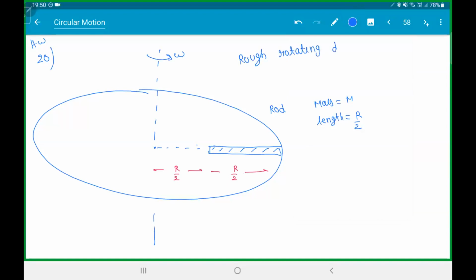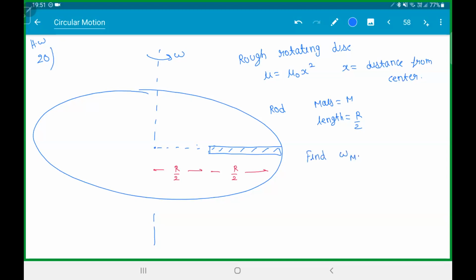It's a rough rotating disk where the coefficient of friction mu is equal to mu naught into x square. Friction is not constant, where x is the distance from the center. So as you go out, it becomes very rough. At the center, friction is 0. As you go radially outside, friction becomes larger and larger.